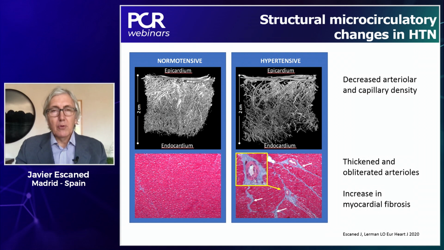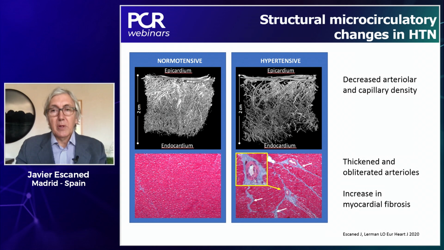And also, if you look at the structure of these arterioles, you can see that they are thickened, and that therefore they may be narrow, so they have lower conductance than normal arterioles, and actually they may be hyperreactive as well to vasomotor stimuli.